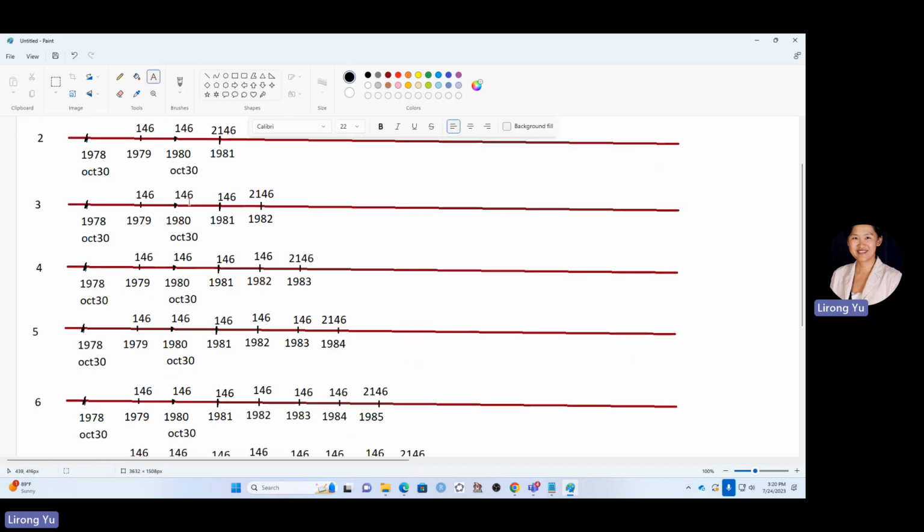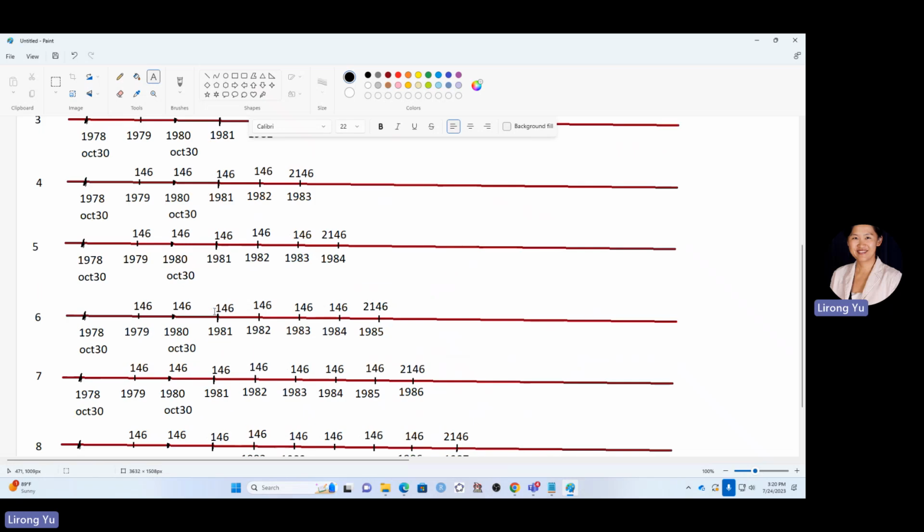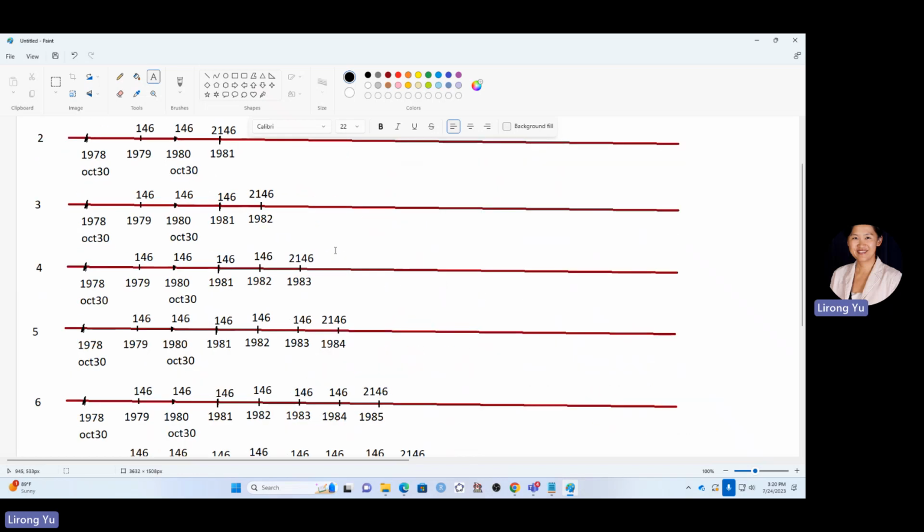I drew the timeline for all of them just to have a clear idea of what's going on. And then the last one, number 8, has a 146 coupon until the year 1987. So it seems to be an uneven payment.